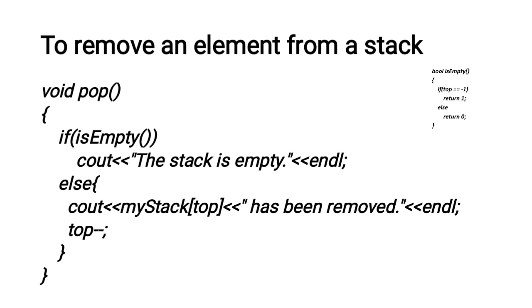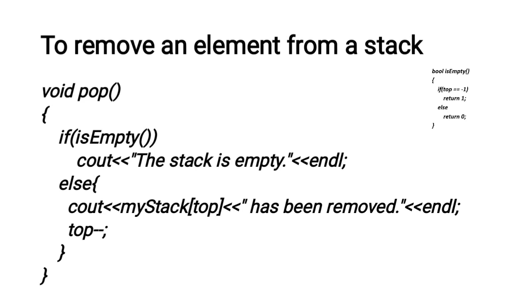If my stack is empty, it must display the message that says the stack is empty. So calling that function makes us receive either true or false. If it returns true, it means that the stack is empty, because we call that function that is called is empty.